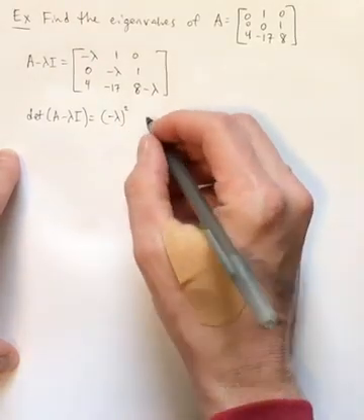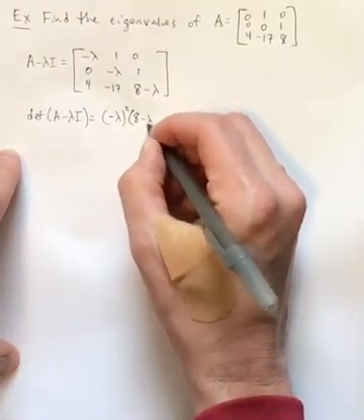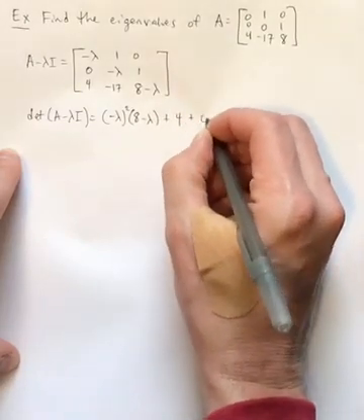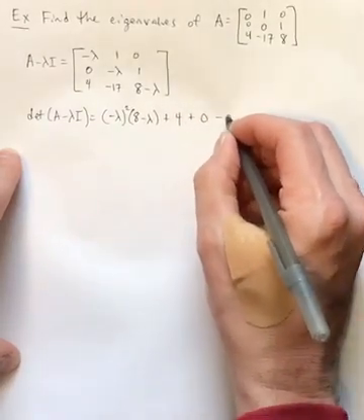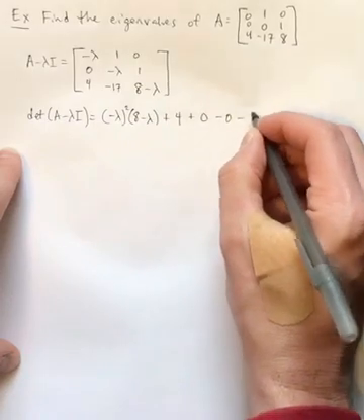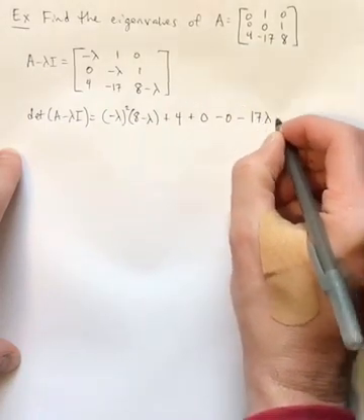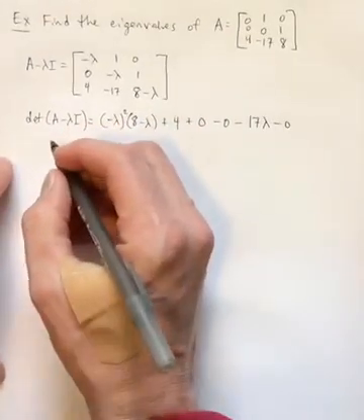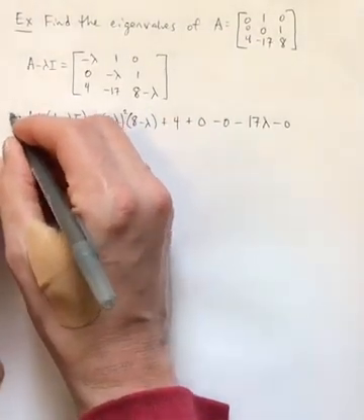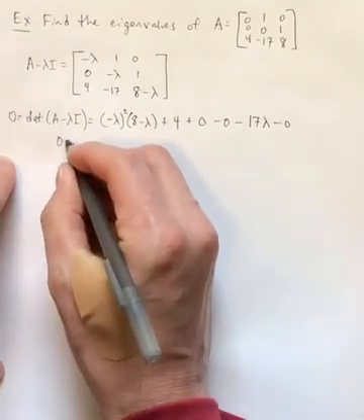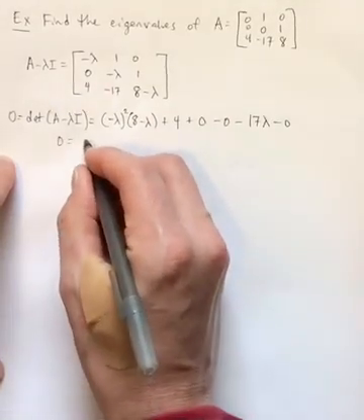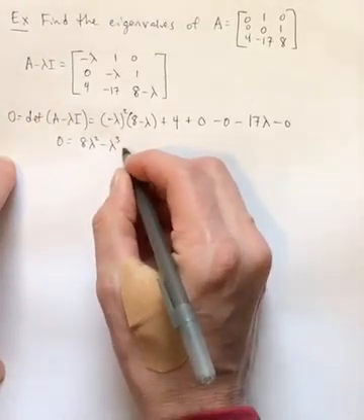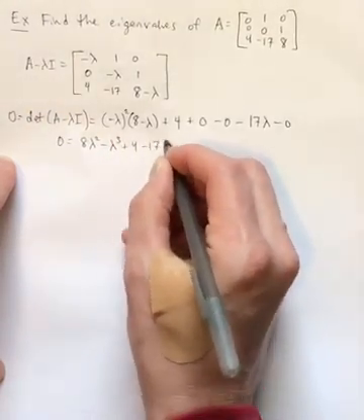All right. So the determinant of this matrix is, let's see, I've got negative lambda squared, using the diagonal rule again, times 8 minus lambda, plus 4 plus 0, minus 0, minus 17 lambda, minus 0. I'm going to clean this up a little bit, but we want that to be equal to 0. So this is going to be 8 lambda squared minus lambda cubed plus 4 minus 17 lambda.